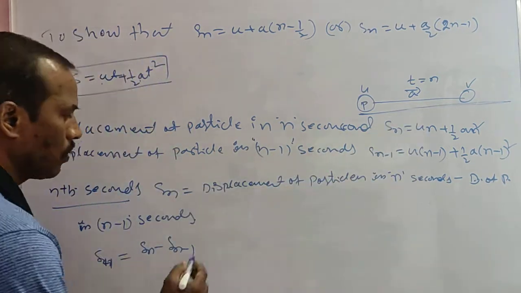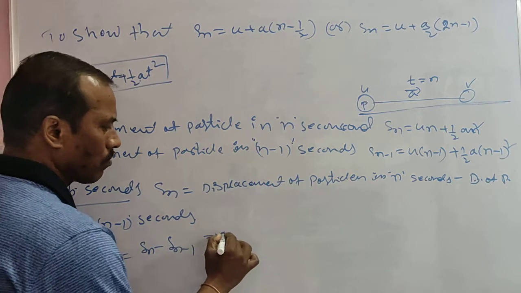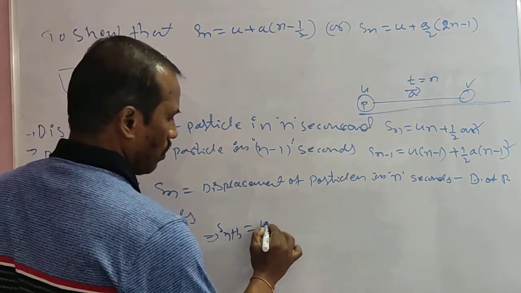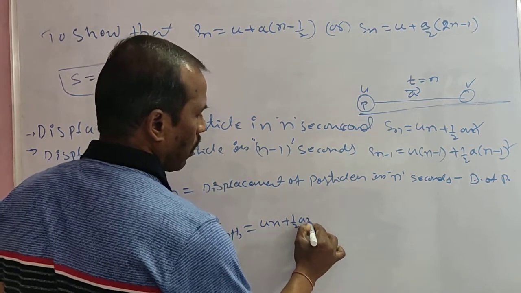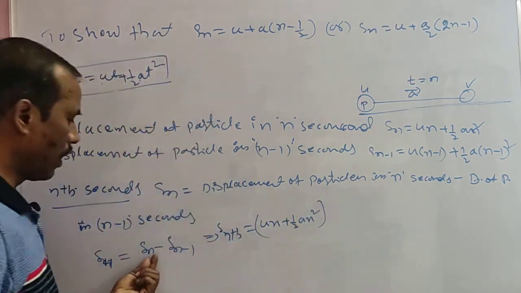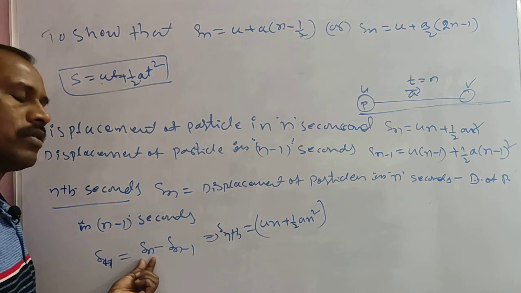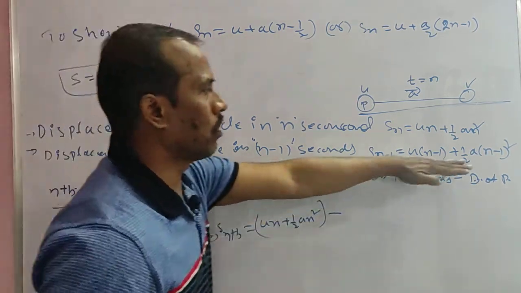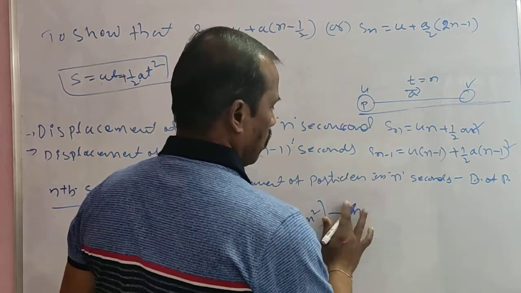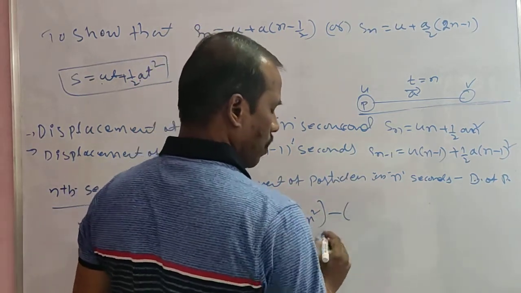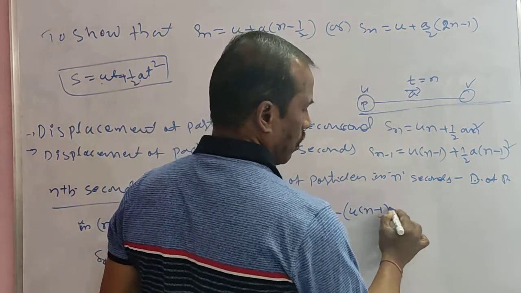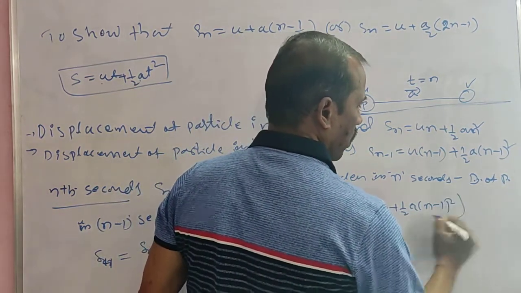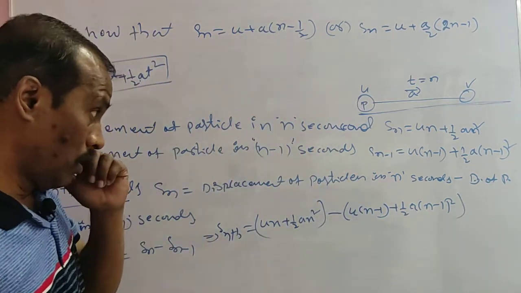From these two equations, the displacement in the nth second is equal to un plus 1 by 2 a n square, minus u into n minus 1 plus 1 by 2 a into n minus 1 square, okay.